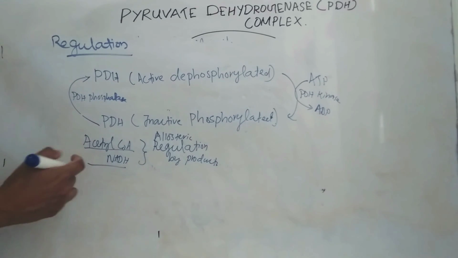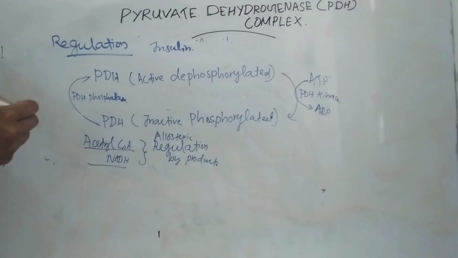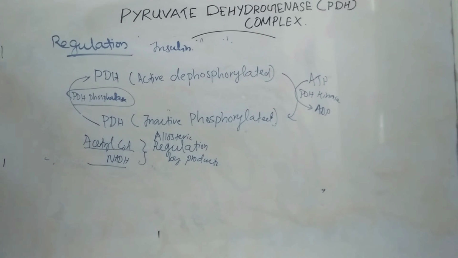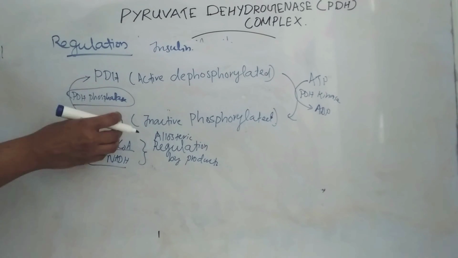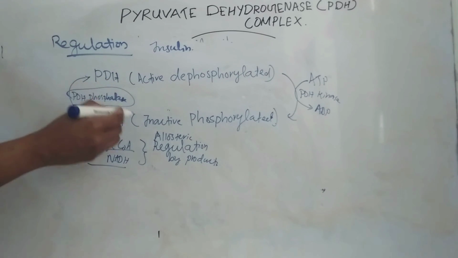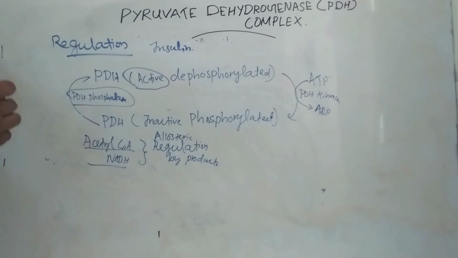Then insulin stimulates this PDH phosphatase enzyme, which converts the inactive to the active form. So insulin helps in the formation of the active form.